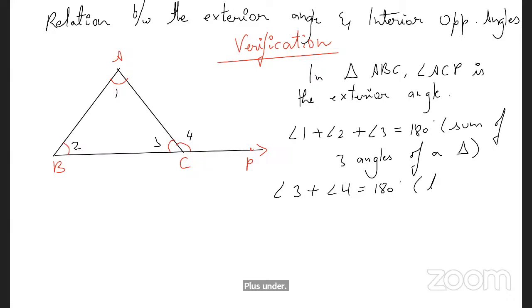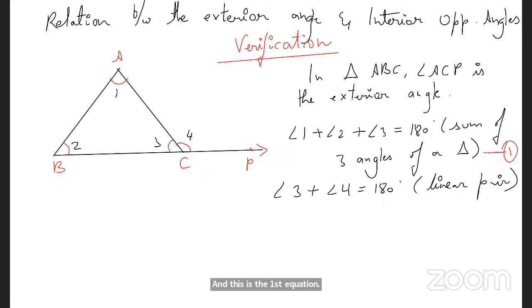Why? Because it's a linear pair. Now, this is the first equation, and this is the second equation.